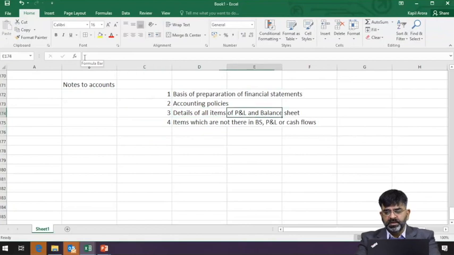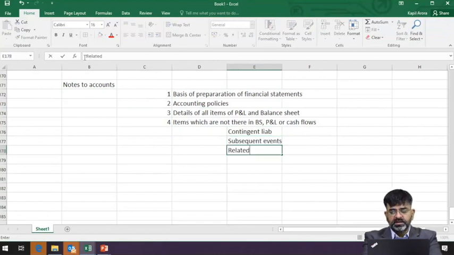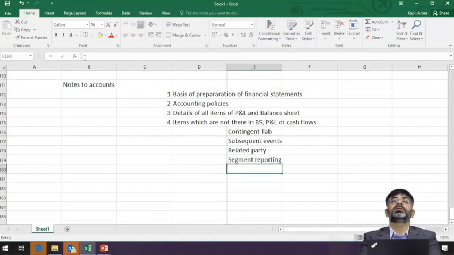Contingent liabilities, subsequent events, related party transactions, segment reporting. All these items would become part of the items which are not there in the balance sheet, P&L or cash flows, but need to be reported or explained in the financial statements.